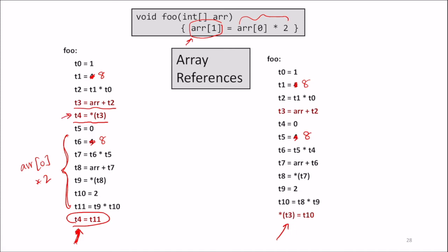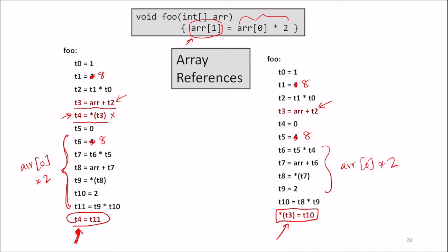Whereas on this side, you can see that T3 was computed in the same way as in the left-hand side IR, except that we didn't dereference it here. So we've removed this line from this right-hand side IR. And at the end, when I'm ready, I've computed array of 0 times 2.